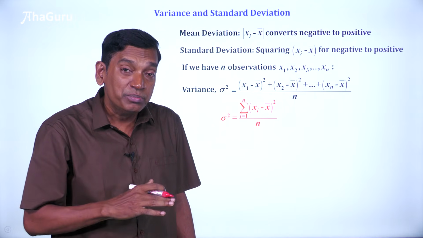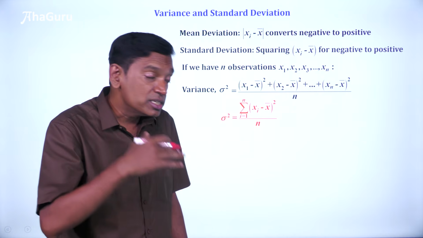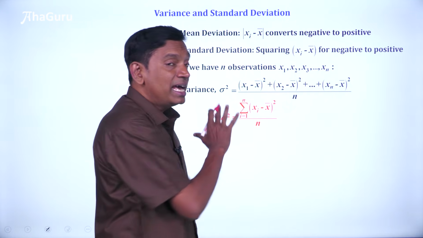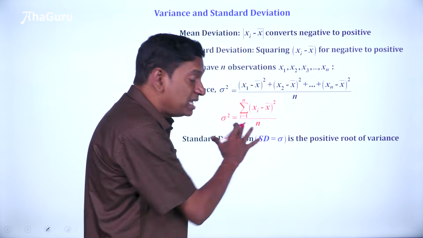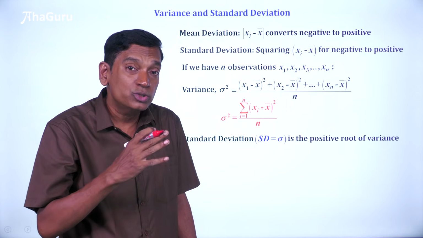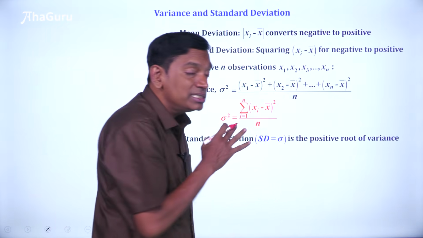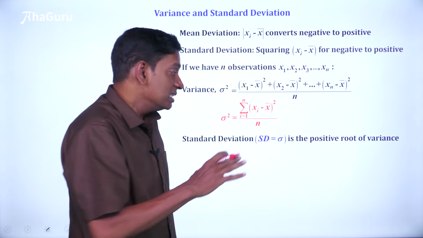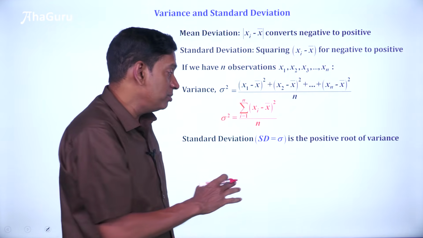That means you have a new quantity with a new unit, which is why we have defined it as variance. Now, standard deviation, which is similar to mean deviation, that is our sigma, is the positive root of this variance. That is why this was written as sigma square. I hope you are able to understand.